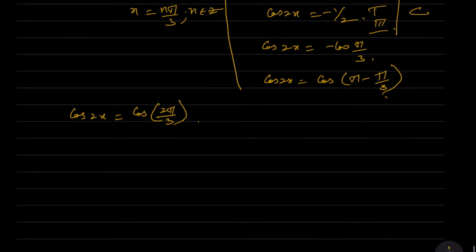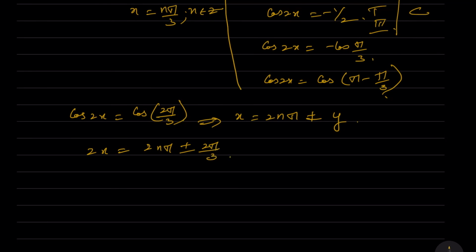Which implies that for this, if we apply the formula, 2x is equal to 2n pi plus or minus 2 pi by 3.